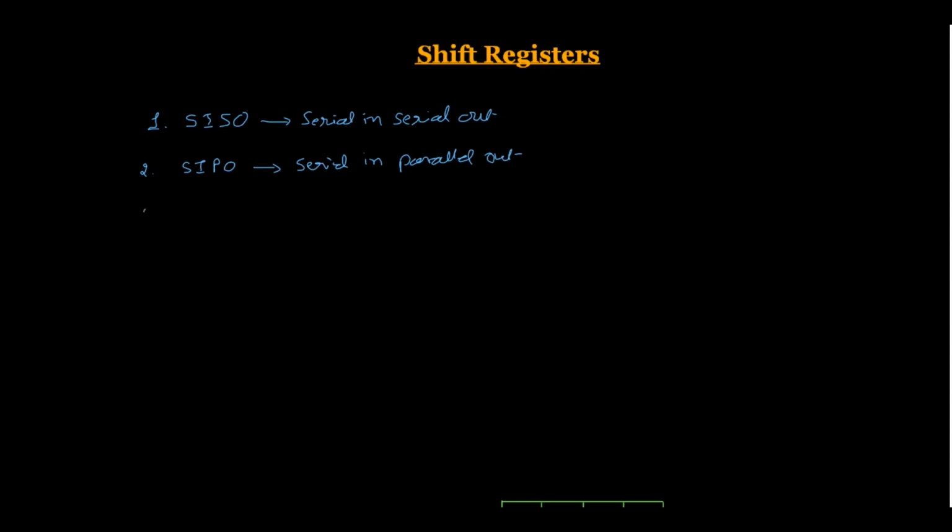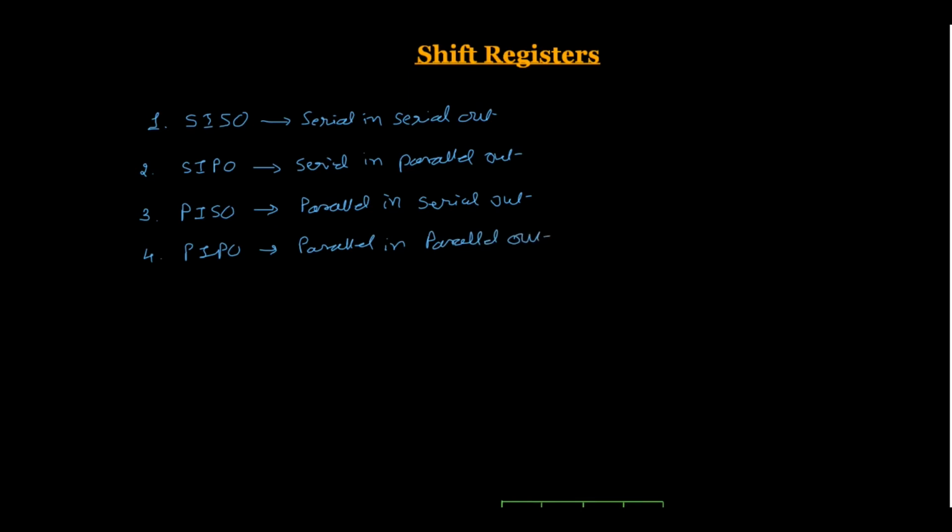The third one is known as PISO, that is parallel in, serial out. And the fourth shift register is PIPO, where the data is entered in parallel, and you will also get the data in parallel at the output.